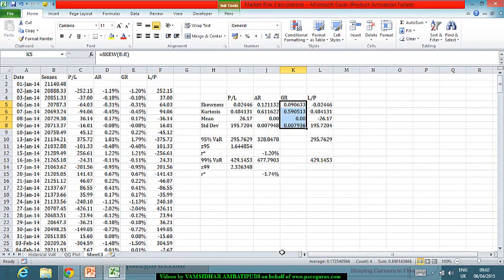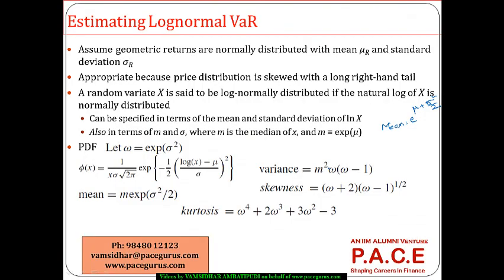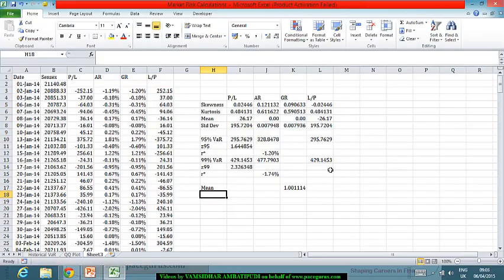So if at all I want to find out the mean of the log normal distribution, it is nothing but e to the power of mu plus sigma squared by 2. So the mean of the log normal distribution here is e to the power of mean plus sigma squared by 2. And I could very well look at the variance of this log normal distribution.